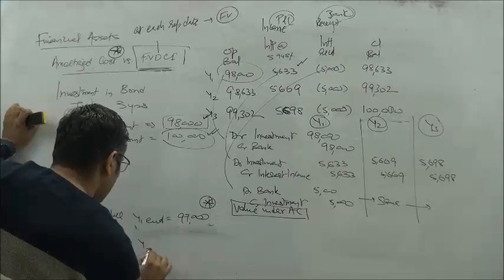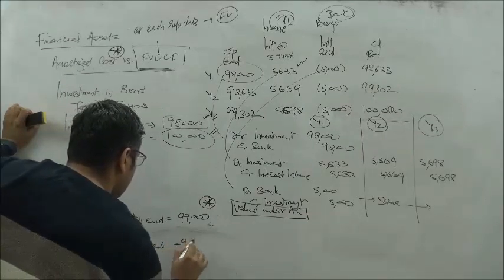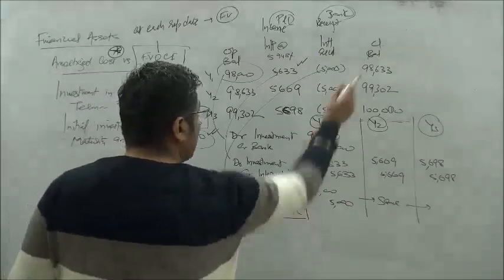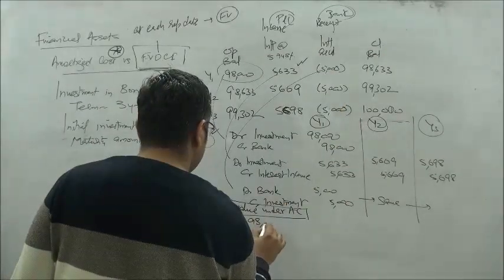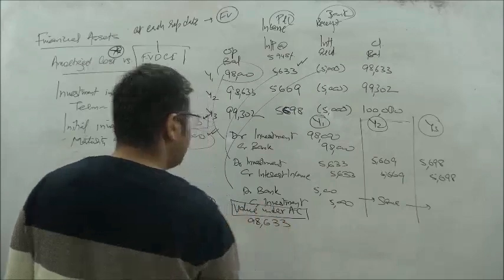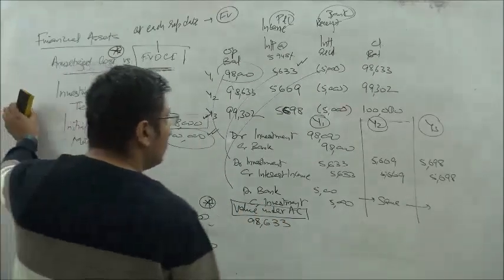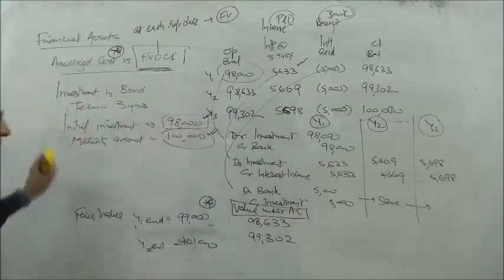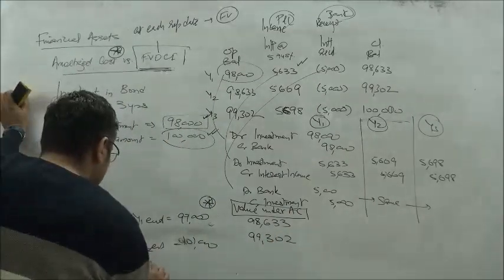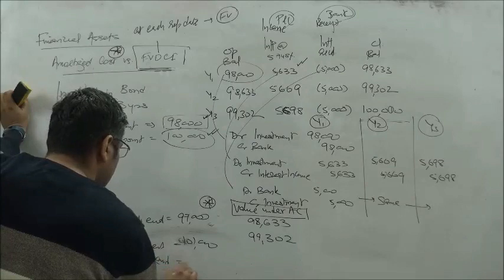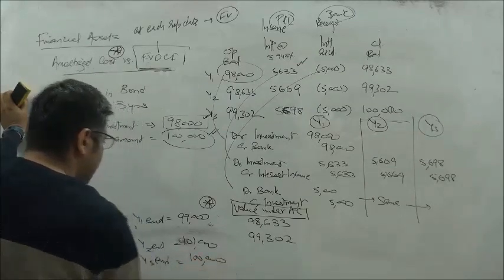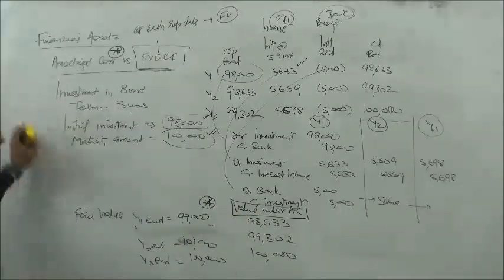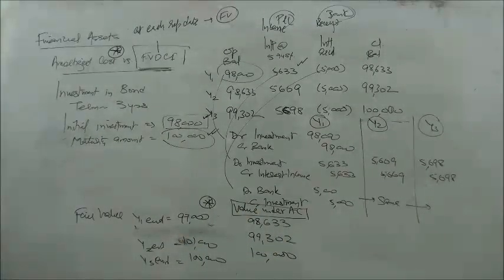So year 2 end is 101,000. So I'm saying that value under amortized cost is 98,633. Okay, and year 2 it is 99,302. Right? Of course, year 3 we say the clean price of both the investments as per fair value and under amortized cost comes at 100,000 here. Okay, just for the sake of understanding this better.